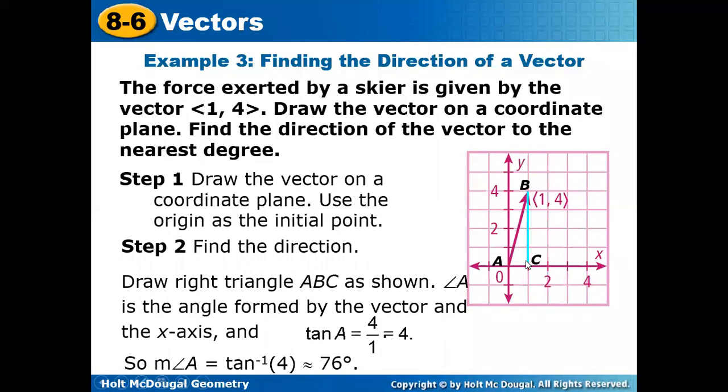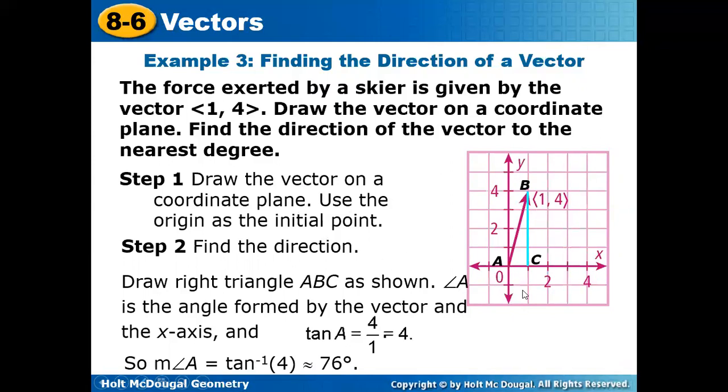So to find the measure of angle A, we use the inverse function of tangent, which is tan negative 1 of 4 over 1, which is 4. So the angle equals 76 degrees. Also, you can solve this question directly.